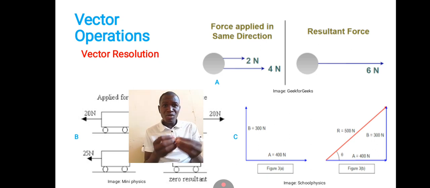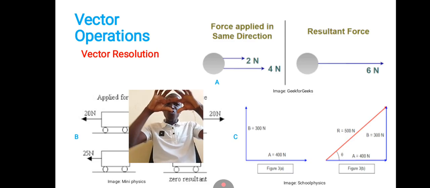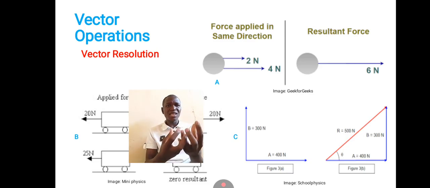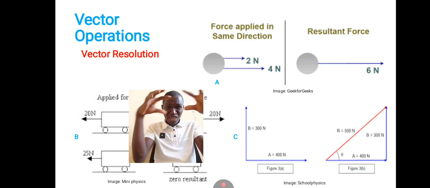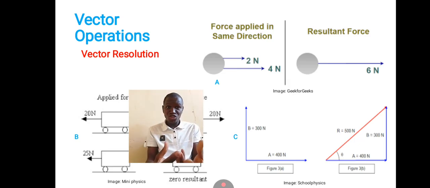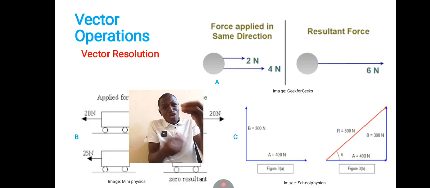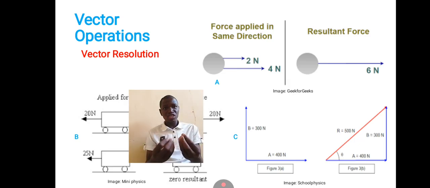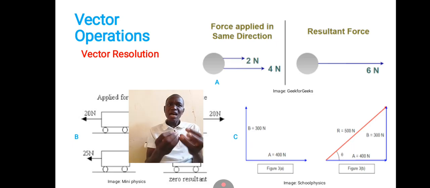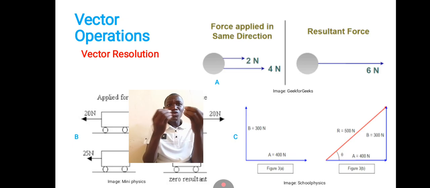Now, when we are talking about the resultant vector, we are talking about what is the overall effect. What's the overall effect of the force on the object? That's if we are using force. Since the two of them are dragging the object in the same direction, how do you resolve the vector?